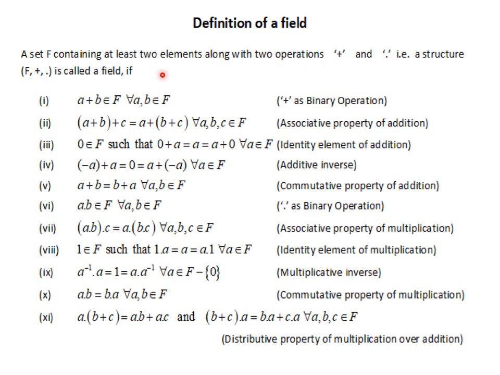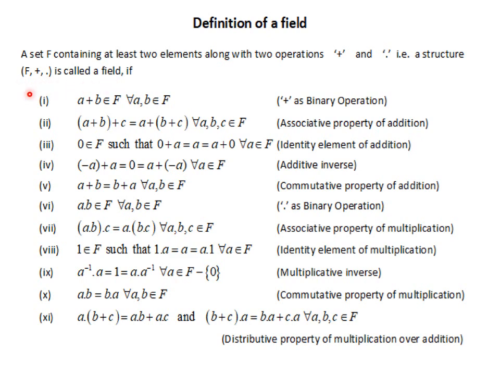If we club these three together in this fashion, F comma plus comma dot, then it is known as an algebraic structure, or simply a structure, a set with two operations. We have to check the conditions under which the structure F plus dot becomes a field.